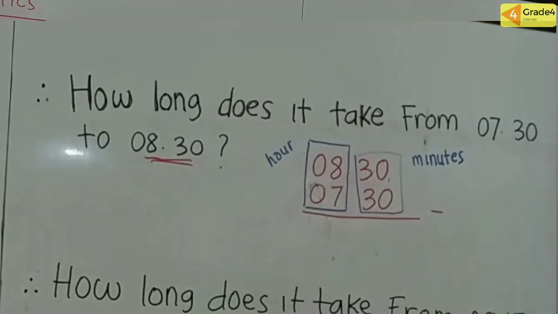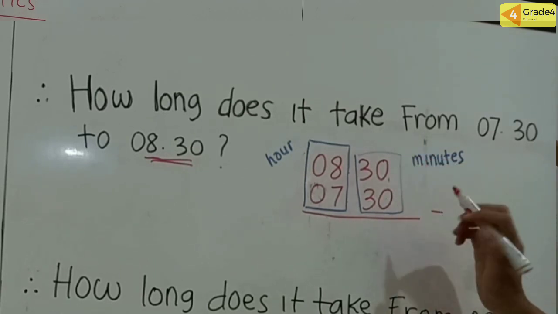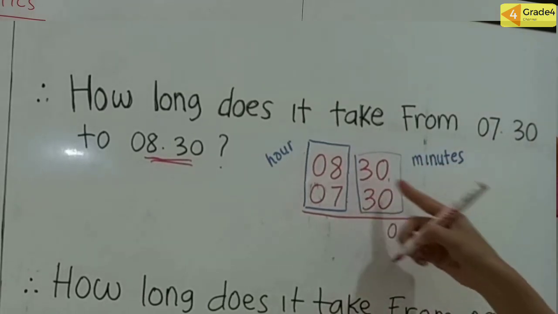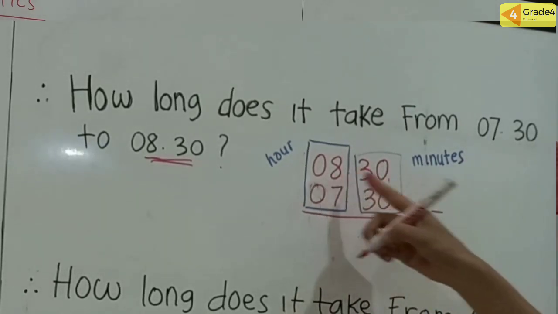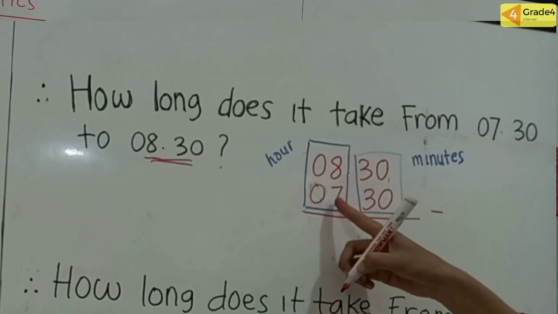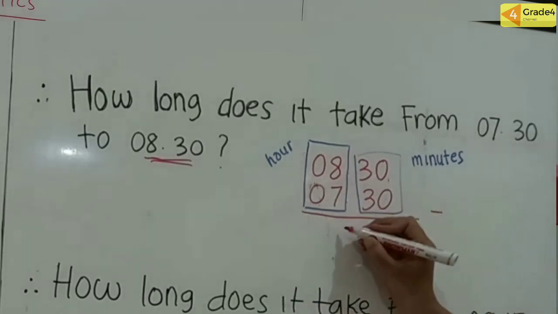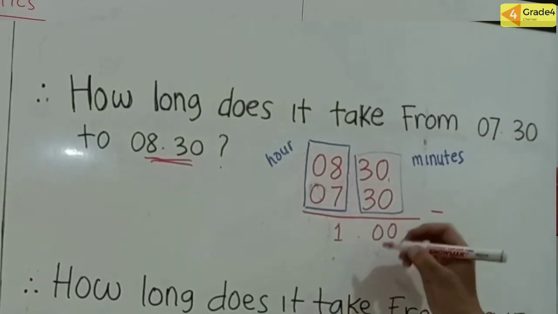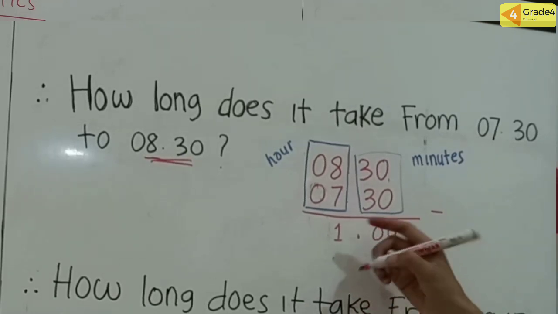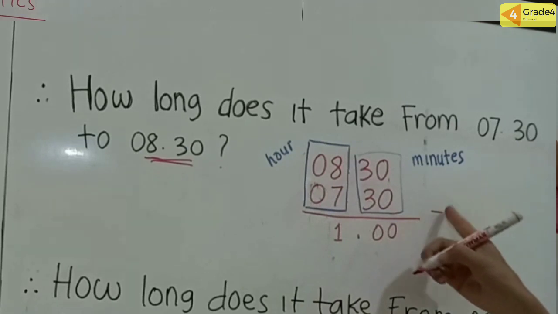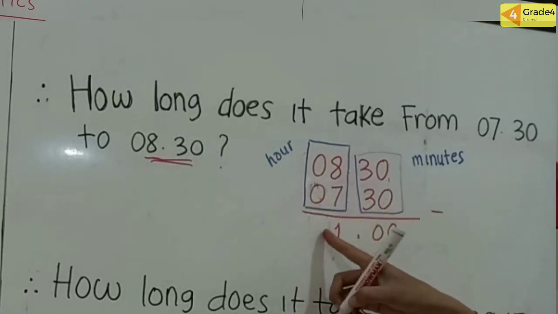So we subtract: 0 minus 0 is 0, and then 3 minus 3 is 0, and then 8 minus 7 is 1. Don't forget to make the point here, and then 0 minus 0 is 0.